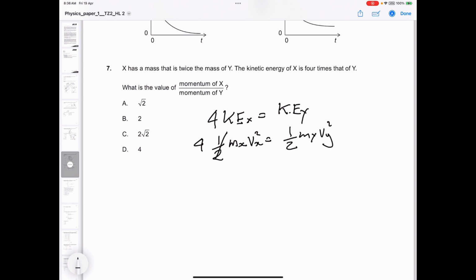Okay, so the halves will cancel on either side. We're also told that x has a mass that's twice the mass of y.